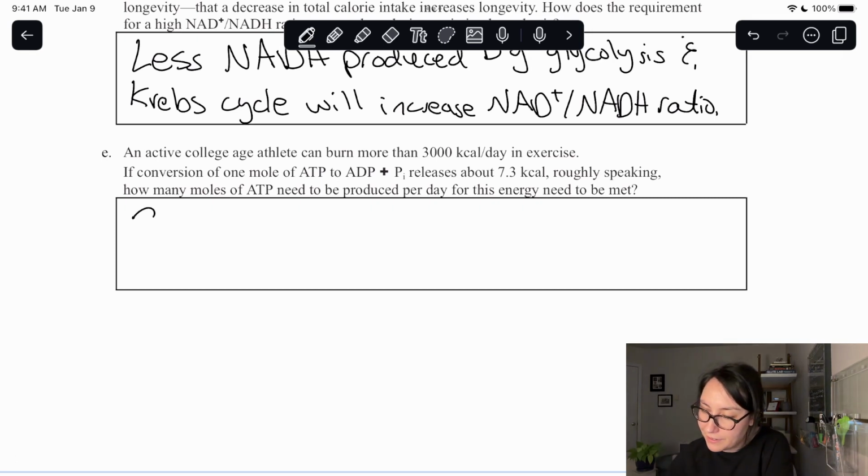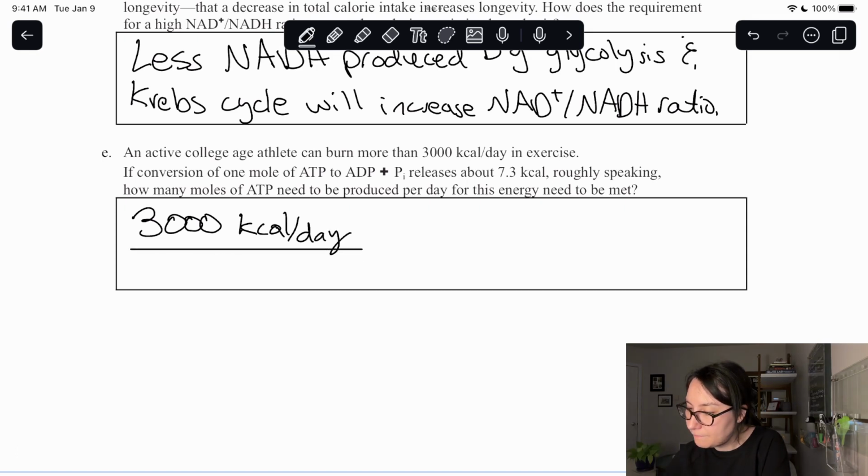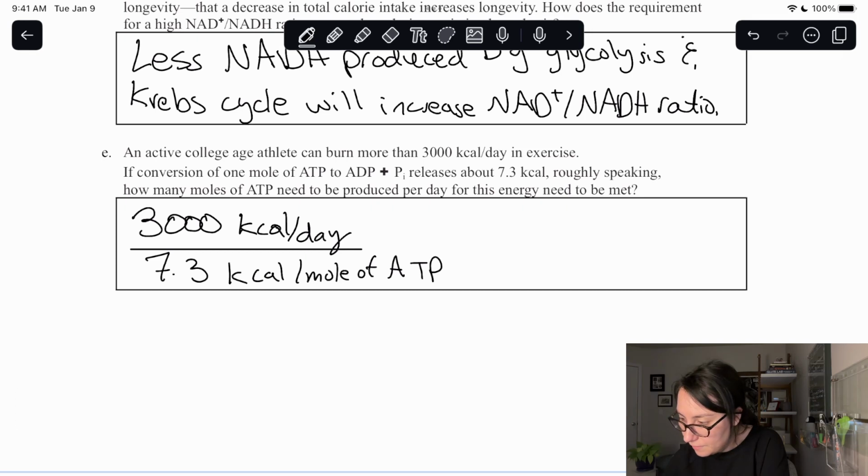All you're going to write down here is 3,000 calories per day divided by your 7.3 cal per mole ATP, which produces 421 moles of ATP.